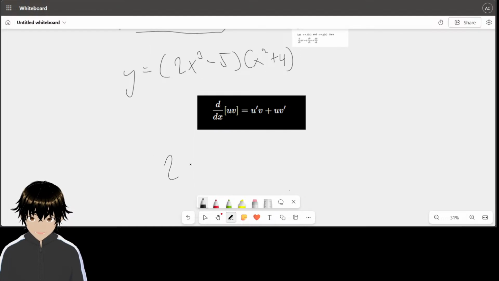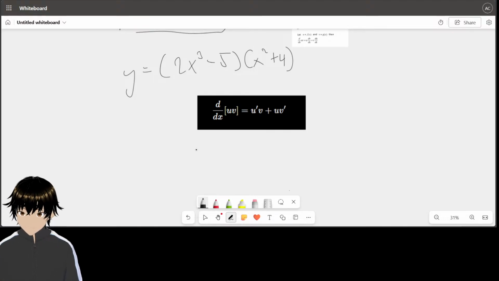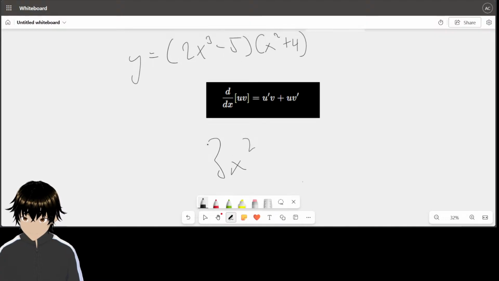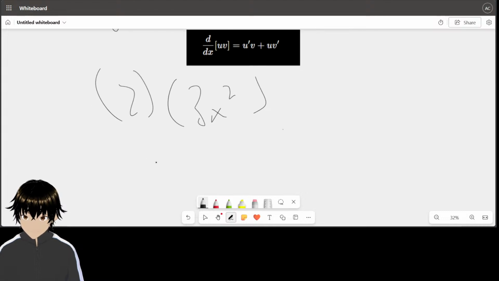So it's gonna be 2x. No. You get the derivative first of here, 3x squared. Then you times it by 2, I believe.